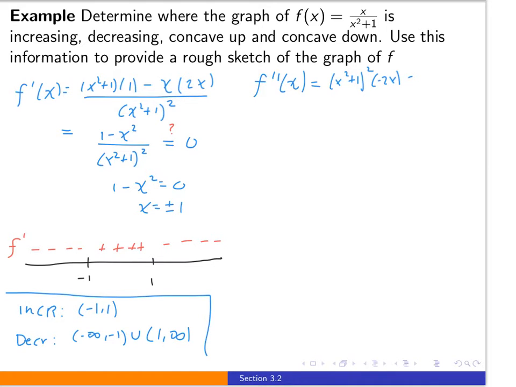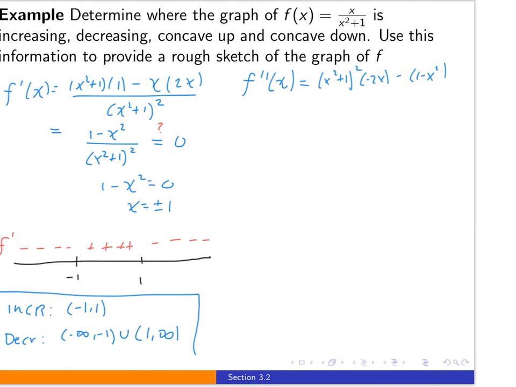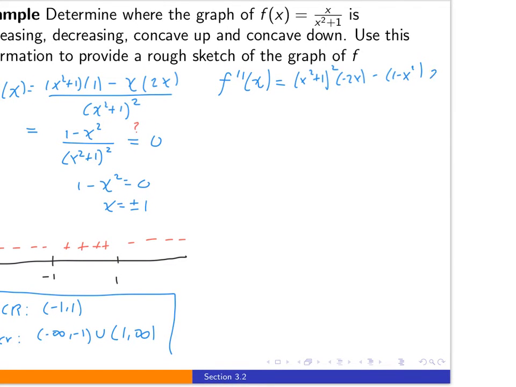So it's low d high minus high d low, so we take the function in the top times the derivative of the function in the bottom. By the chain rule, this is going to be 2 times the quantity x squared plus 1 raised to the first power, and then we multiply by the derivative of that inside function, 2x. And it is all divided by the bottom squared. So x squared plus 1 squared, squared, is a fourth power.